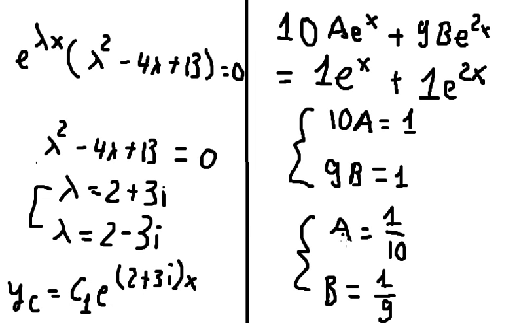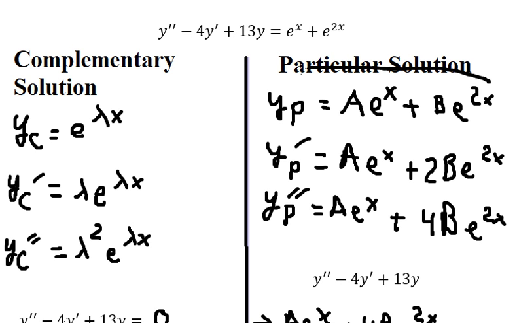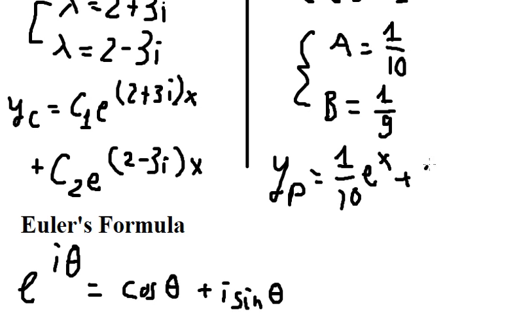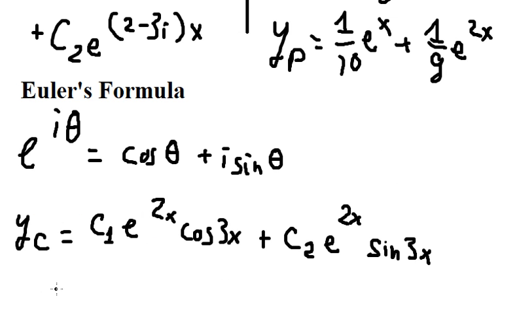So we put a and b back in here. And now we have yb equals 1 over 10 e to the power of s plus 1 over 9 e to the power of 2s. And now we have the final answer, y equals yc plus yb.